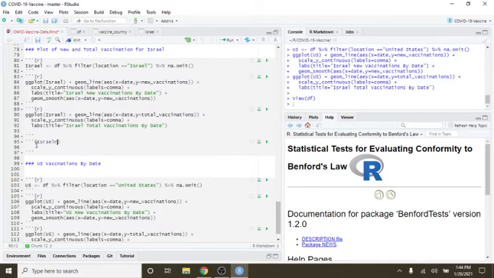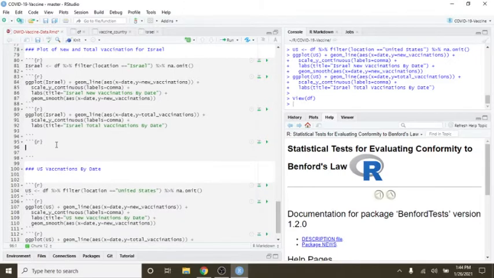So what we have to do is calculate the percentage of the Israeli population that's been vaccinated.